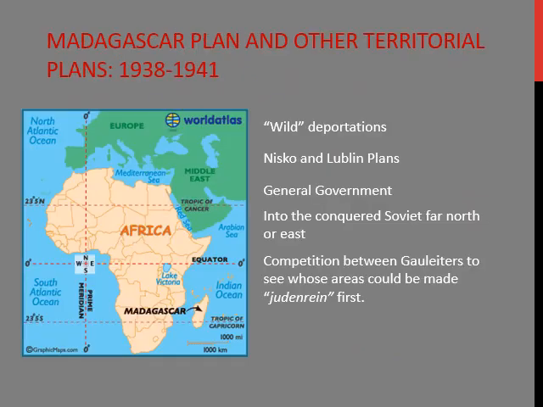Well, first of all, when Germany invaded Poland, they saw possibilities opening up to find a territorial solution to their Jewish problem. And this is a strange phenomenon that just is true about Nazi Germany.